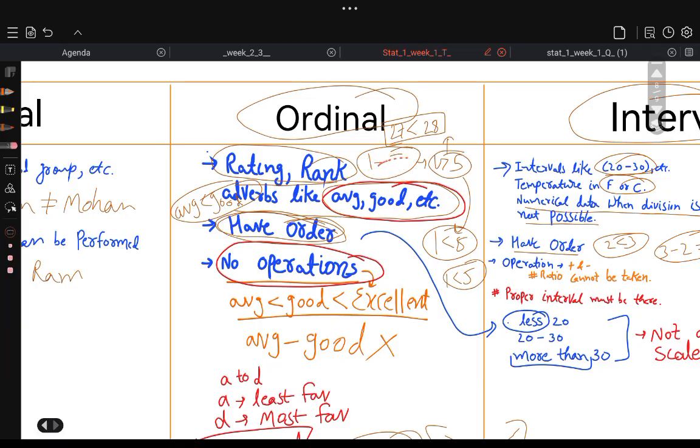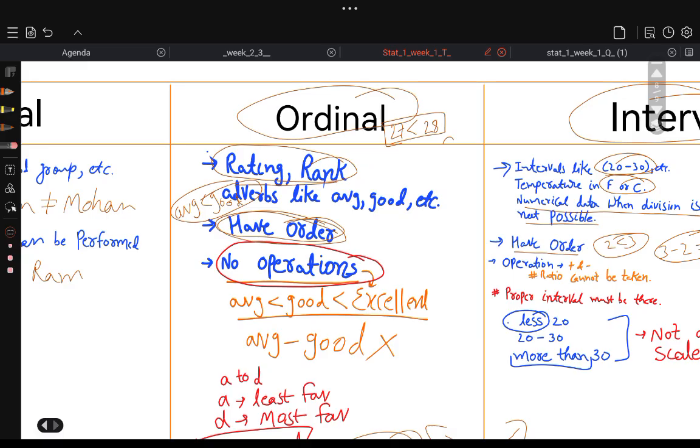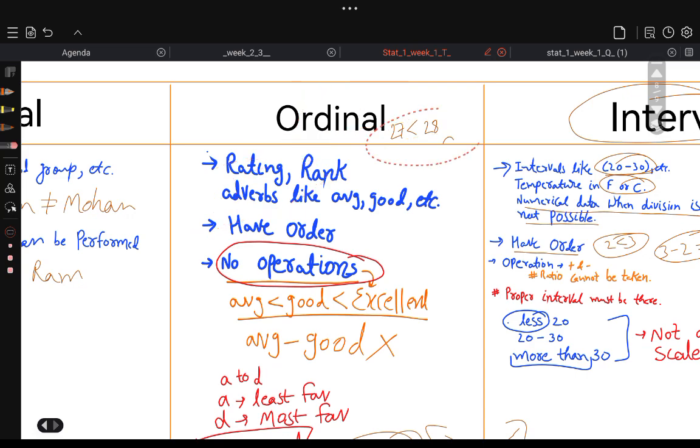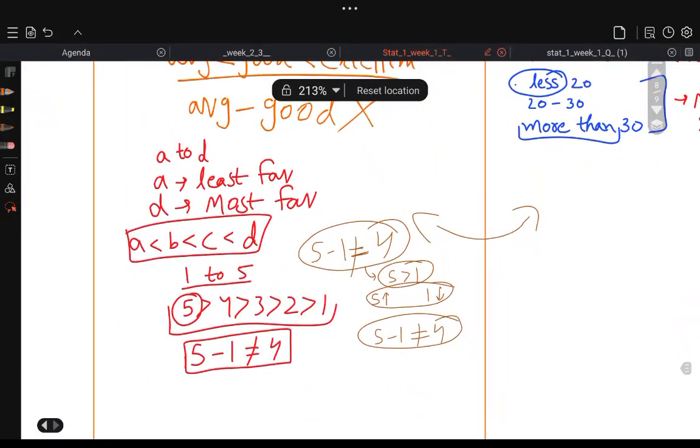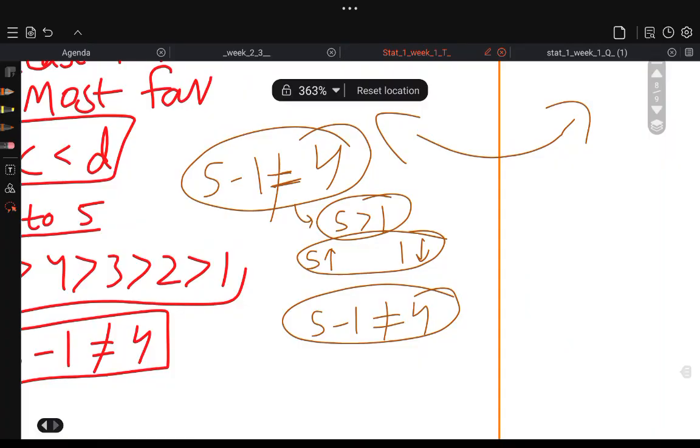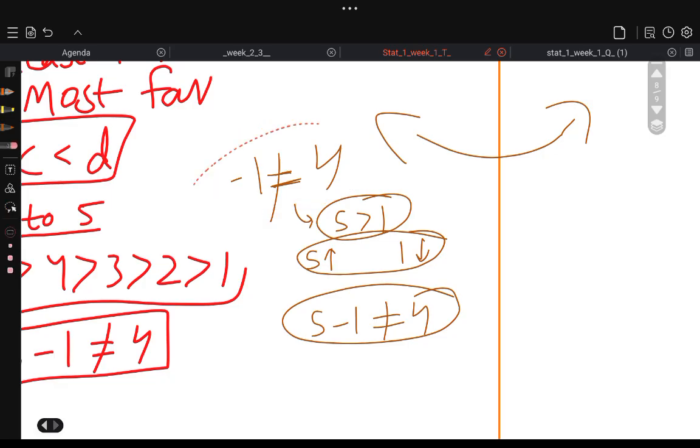Let me erase this. This can confuse you a little bit. We can say 1 is less than 5. We can say here 5 is greater than 1, as 5 is the best rating and 1 is the worst rating, but we cannot say that 5 minus 1 is 4, right?